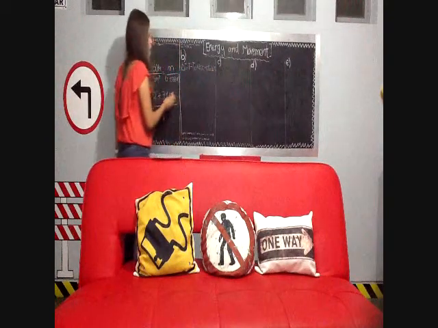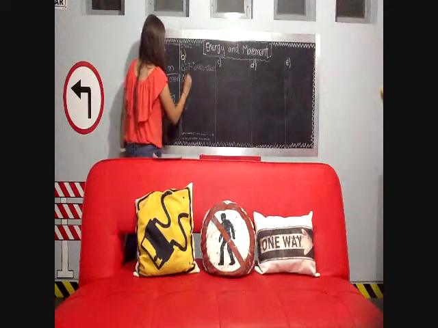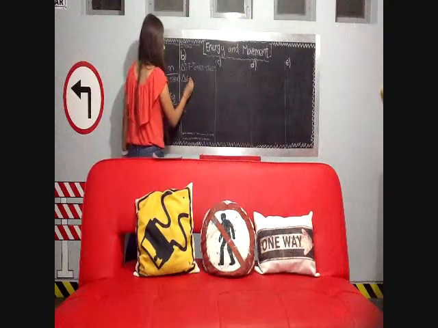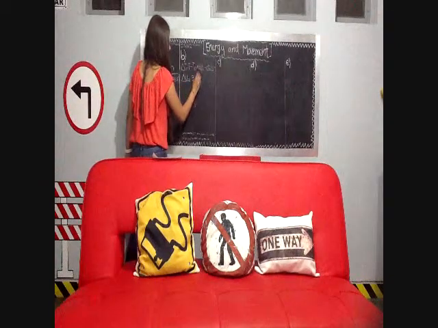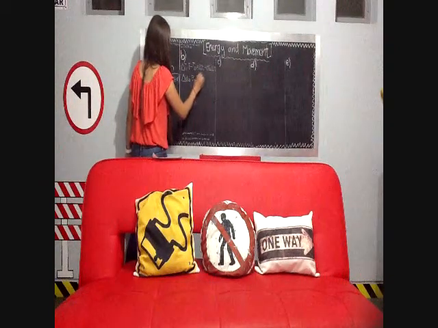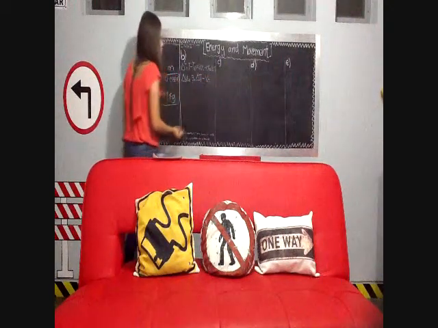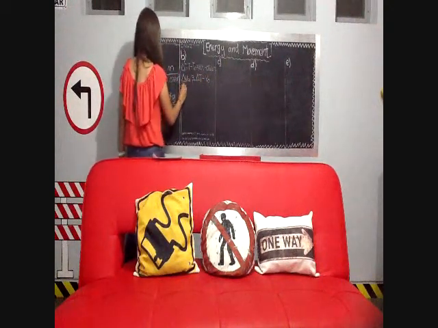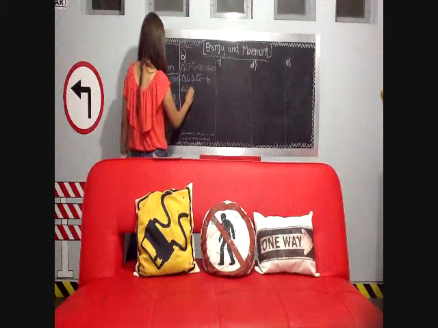And we have the change in volume, equal to beta multiplied by the change in temperature times the initial volume.